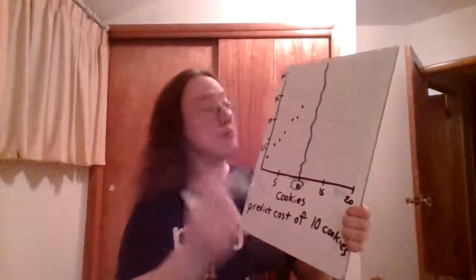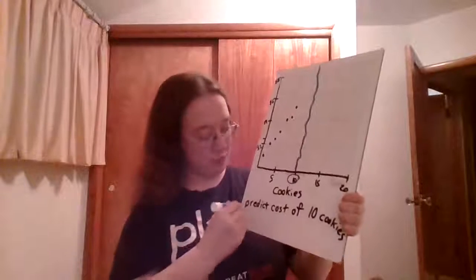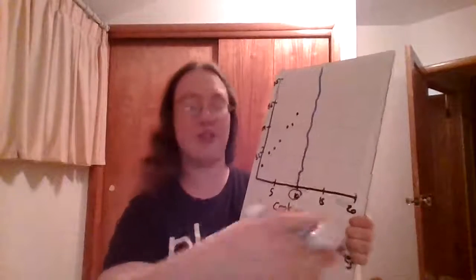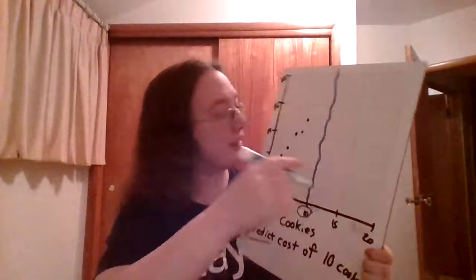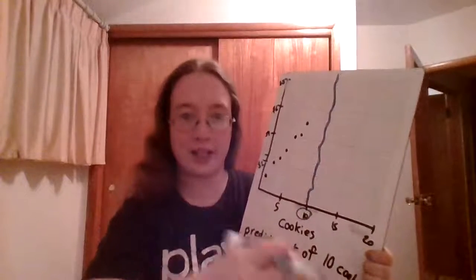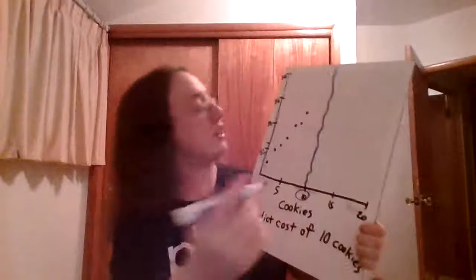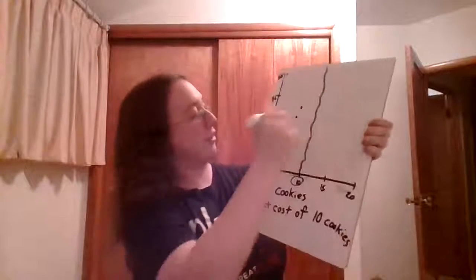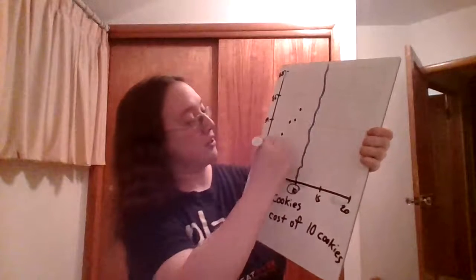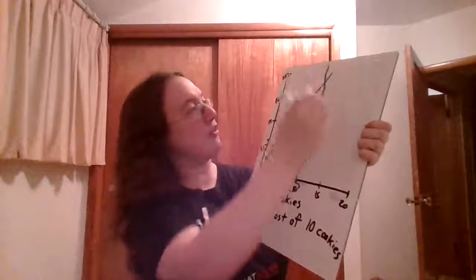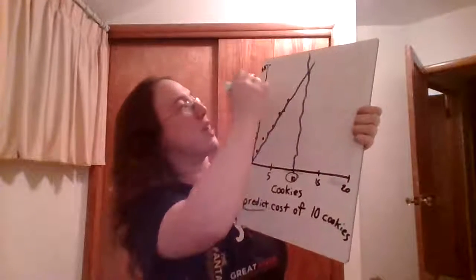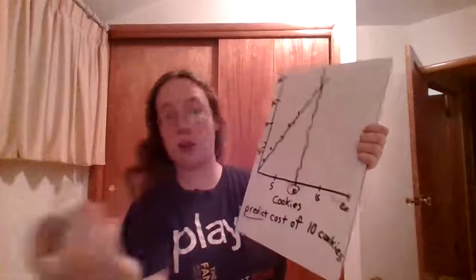And we're looking for more or less because we want to predict, so we're really just estimating, so it's okay if we're not exact. Because these aren't going in a perfectly straight line anyway, so it's okay if our guess isn't perfect. We just want to get close enough. So if I draw more or less a straight line through most of my points, I end up somewhere between $6 and $8, which I'm going to call $7.